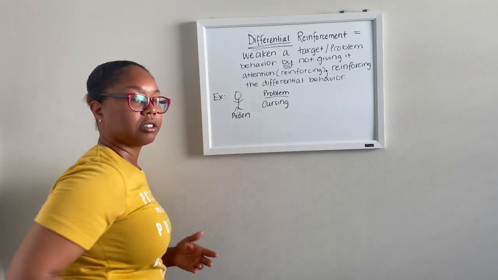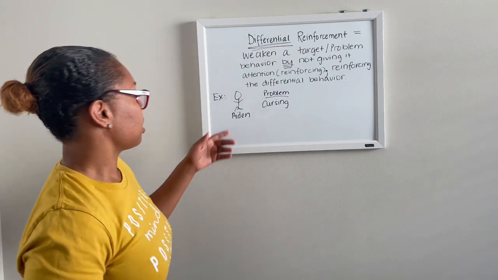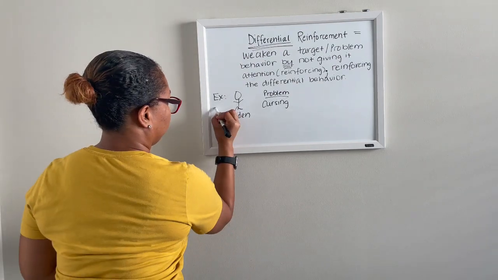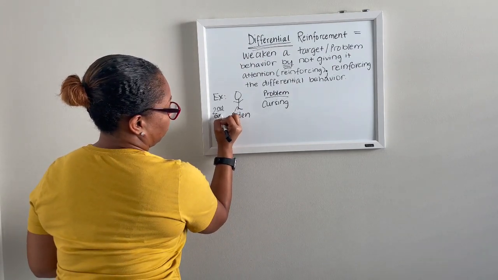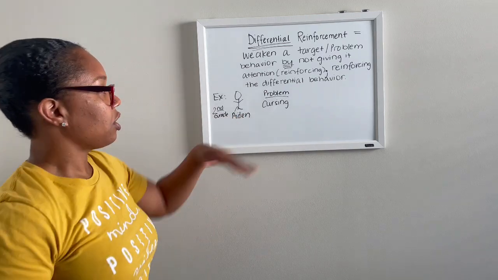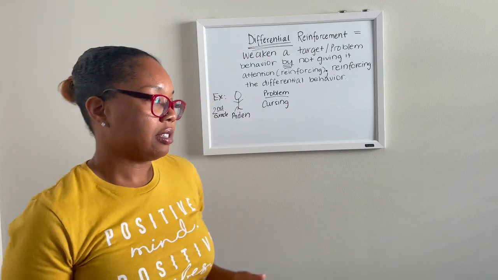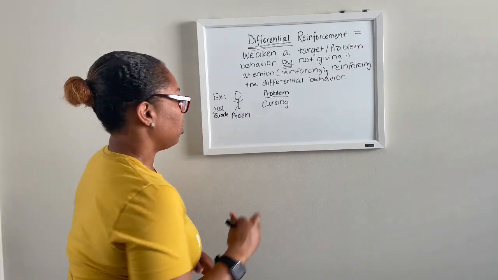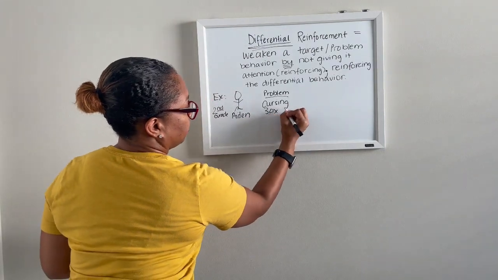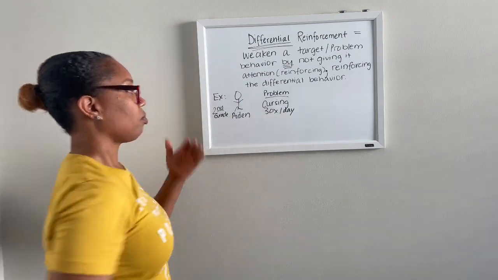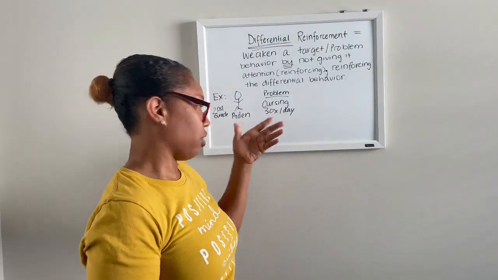He likes to curse. And to add a little more context, let's say that Aiden is only in 2nd grade. So he's cursing often throughout class. To put a little more data to it, let's say he's cursing 30 times a day. That is a problem behavior for a 2nd grader, right?